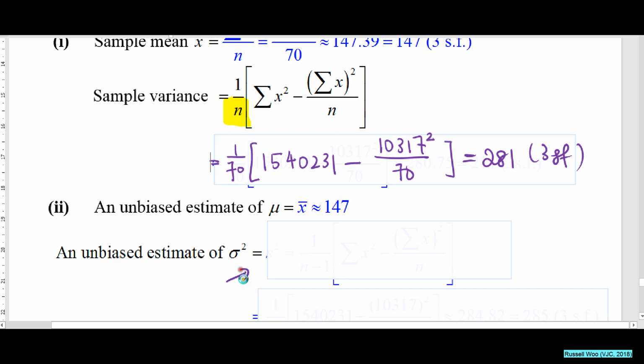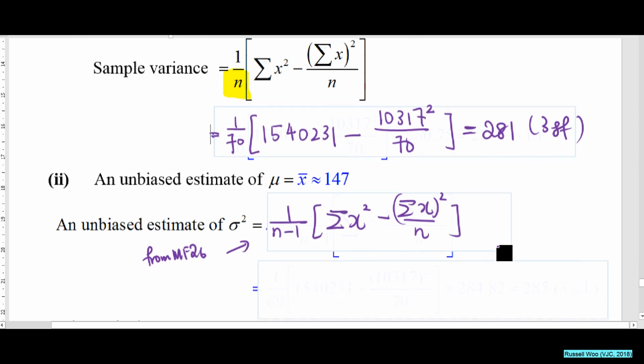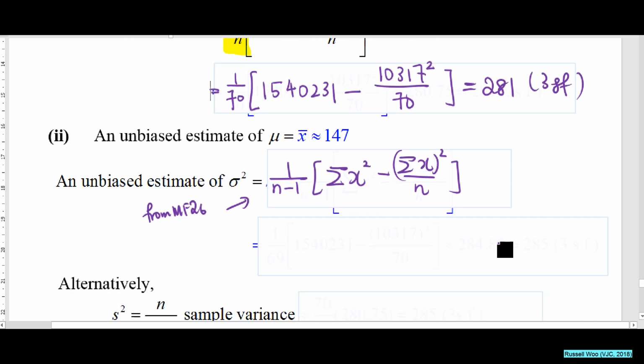This is, now you can use MF26. 1 over n minus 1, summation x squared minus summation x, all squared over n. Alright.